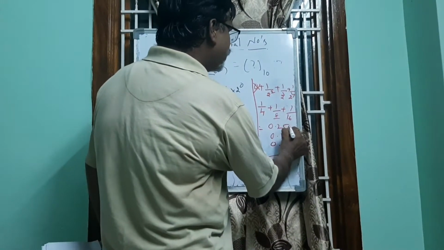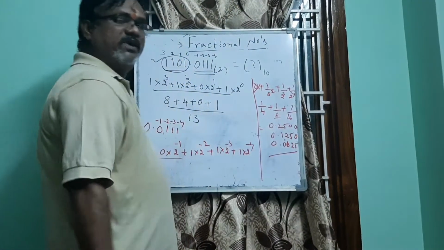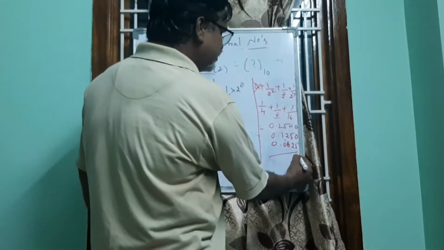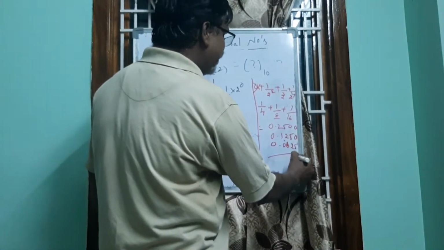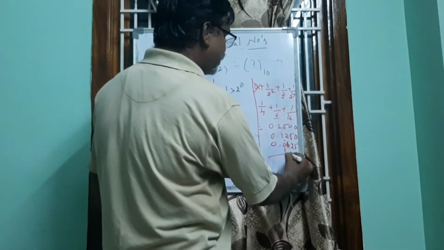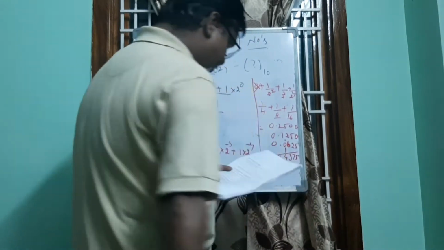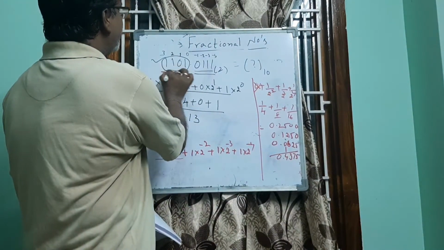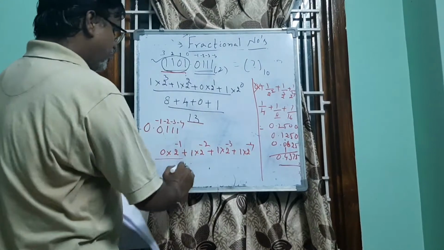Here you put two more zeros on this side. After the decimal, how many zeros you put doesn't matter. So 5 plus 2 is 7, 6 plus 2 is 8, 13, 4. So 0.4375. Now the integer part is 13, the fractional part is 0.4375.